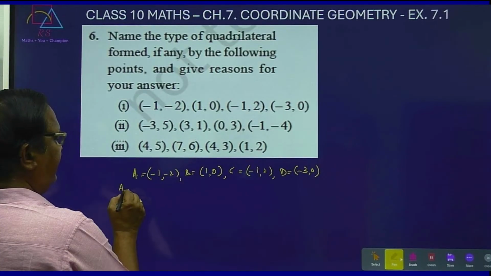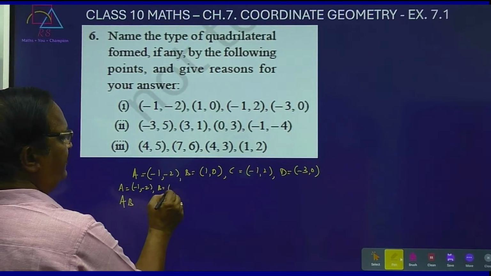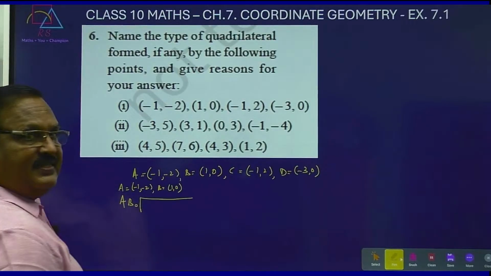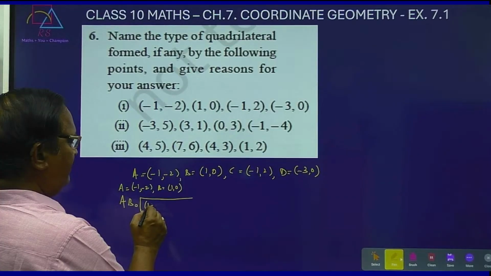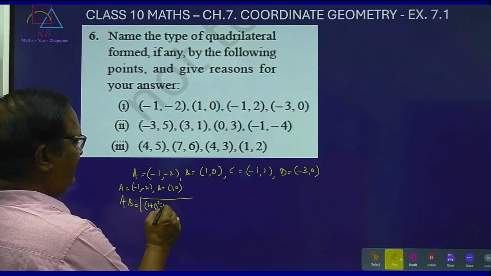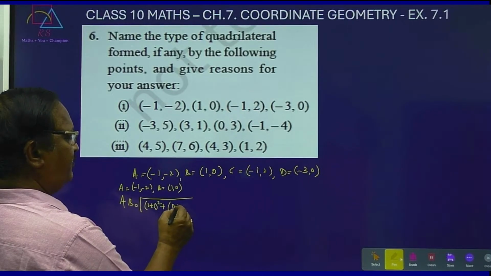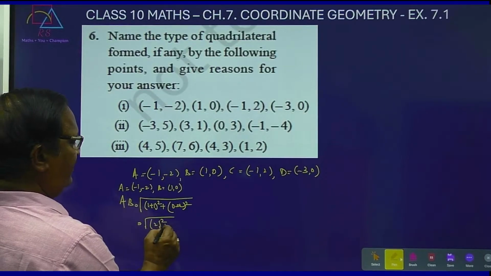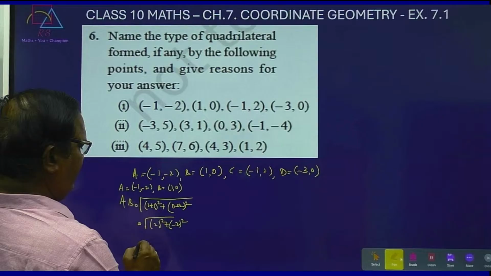You write here A is equal to minus 1 minus 2 and B is equal to 1 0, so that it will be easy. X2 minus x1 whole square, 1 minus minus 1, so 1 plus 1 whole square. Y2 minus y1, 0 minus minus 2, so 0 plus 2 whole square. So it is equal to 2 square plus 2 whole square, which is equal to 4 plus 4, 8.